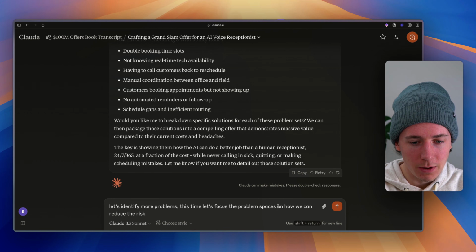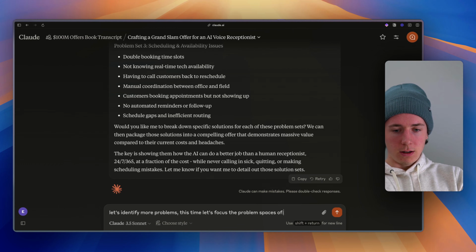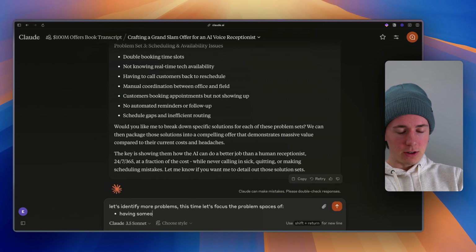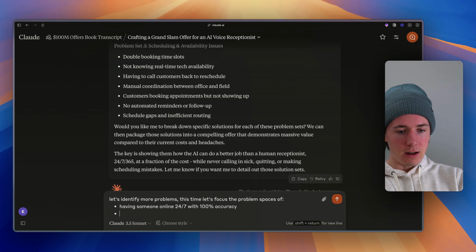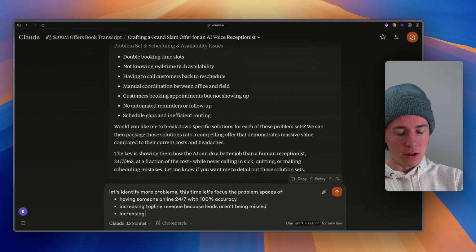Let's focus on the problem spaces of having someone online 24/7 with 100% accuracy, increasing top line revenue because leads aren't being missed, increasing show rates. I guess they're actually going out to them, so it's going to be increased communication with leads in a fully automated way.